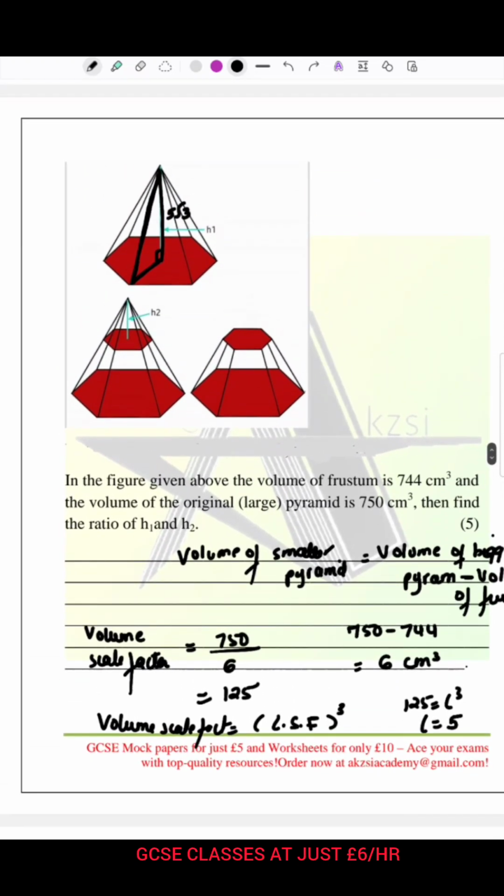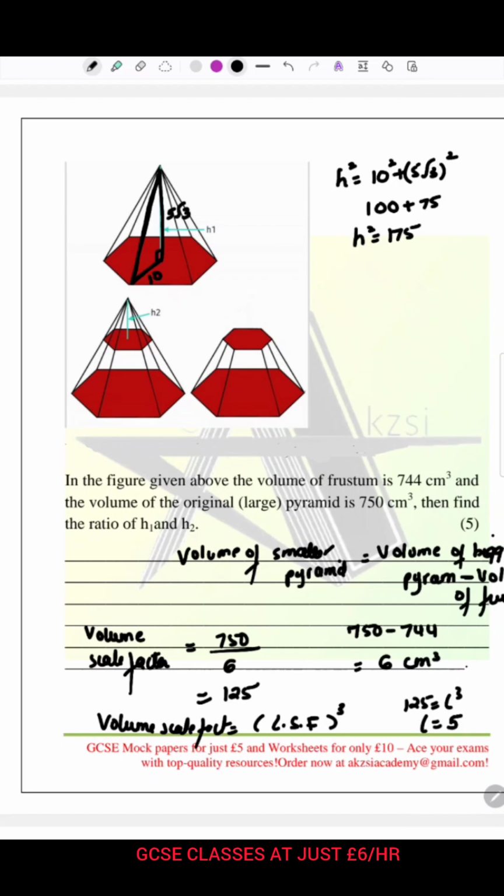So this is also 10. So we have to apply the Pythagoras theorem in order to calculate this, and this is the hypotenuse. So hypotenuse squared is equal to 10 squared plus 5 root 3 whole squared. This would be 100 plus 25 times 3, which is 75. So h squared is equal to 175.